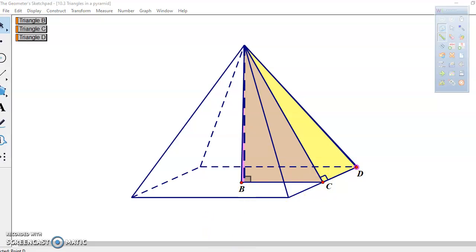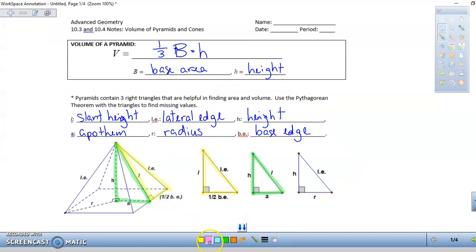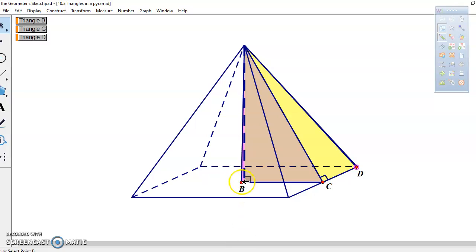Okay, the last one involves the radius. So the radius can go out using, again, the pyramid height, and this time the lateral edge is the hypotenuse. So that's this one, the height, the radius, and the lateral edge. And you can see that in my drawing here.